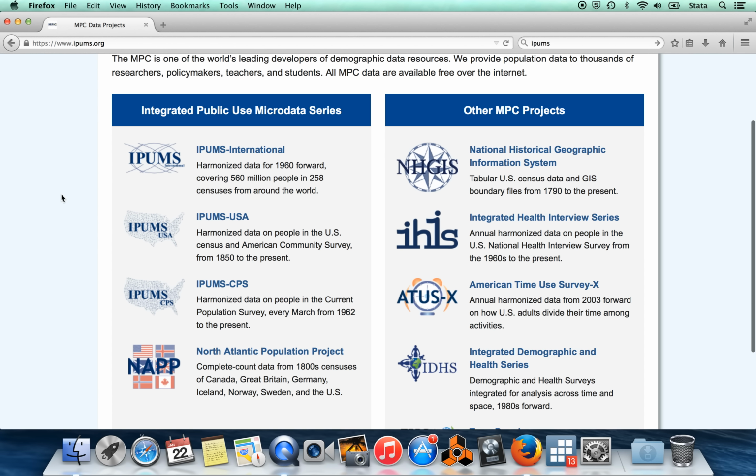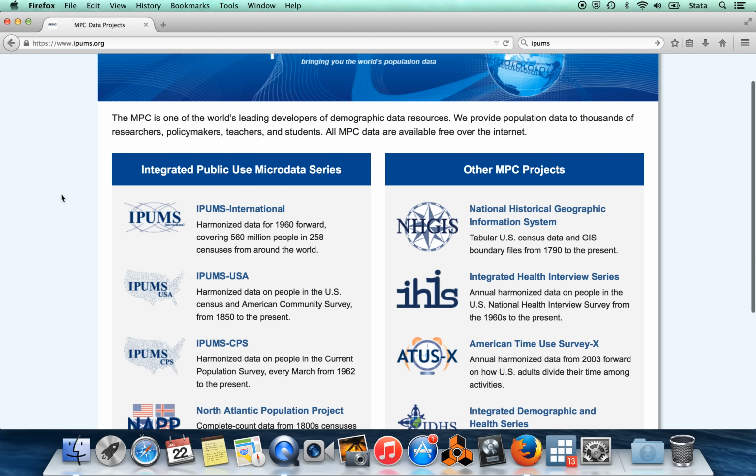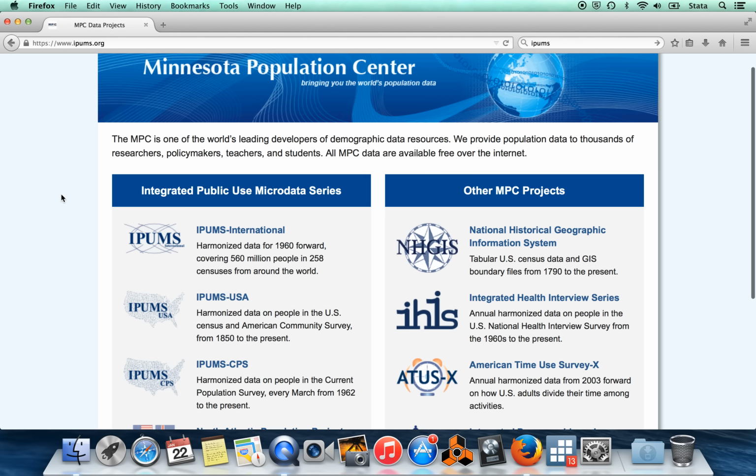So this is a really handy way to get census data. Census data can contain a lot of information. There are subsamples, at least in the US and I think in other countries as well, of the population who are asked a lot more detailed questions than what everyone gets asked. And so you can get a lot of really detailed information on people that way.